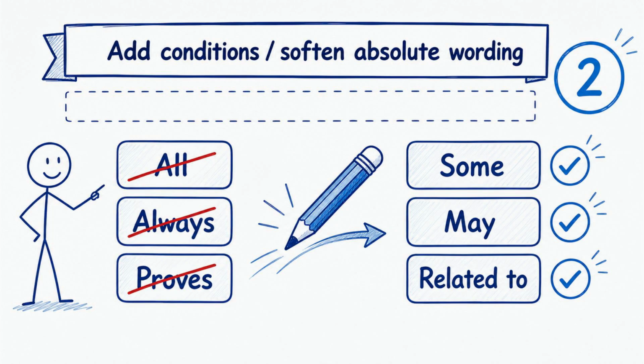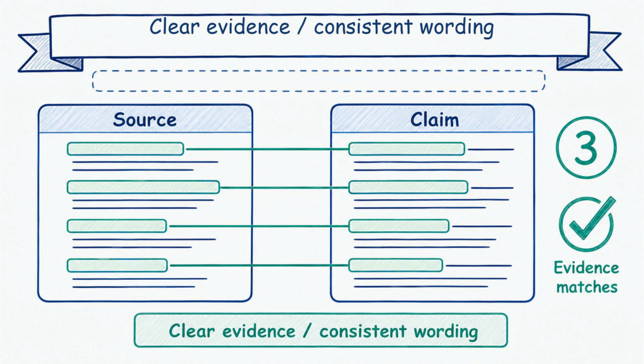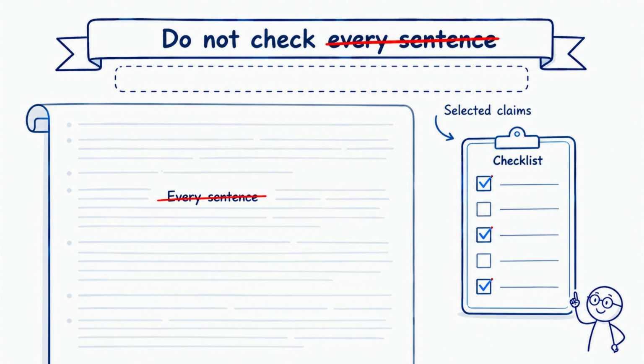If the source basically supports the claim, but you need to add conditions, remove absolute wording, or find a second source, give it 2 points. 3 points. If the source is reliable, the evidence is clear, and the wording is consistent with the original source, you can use it.